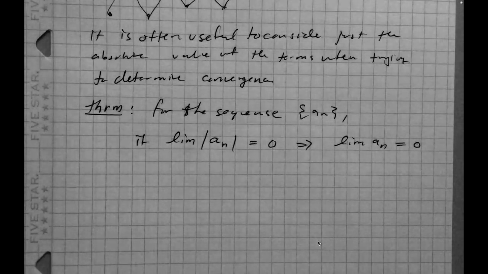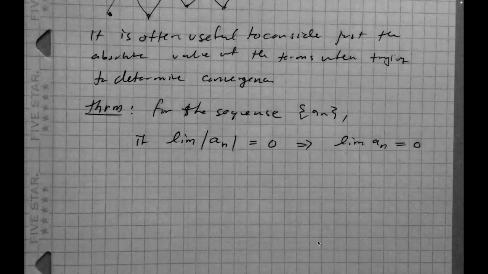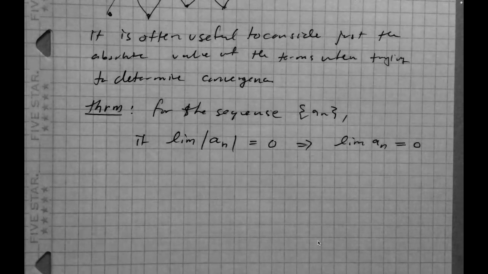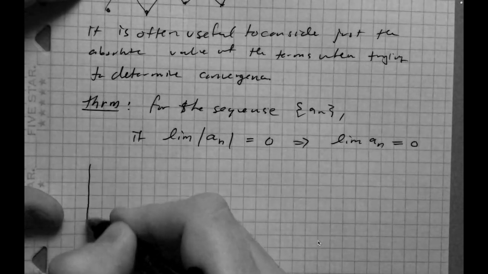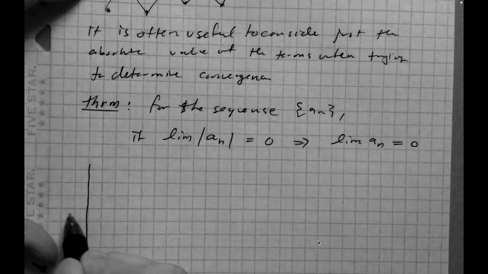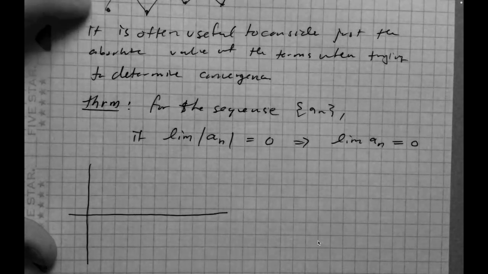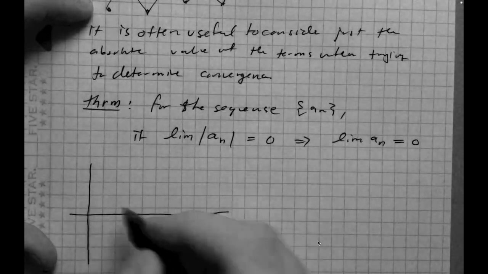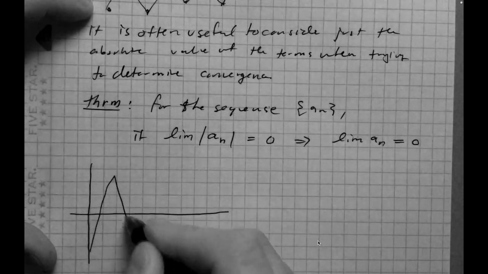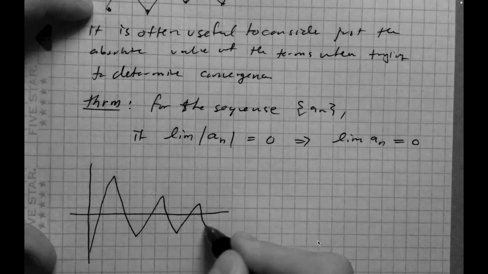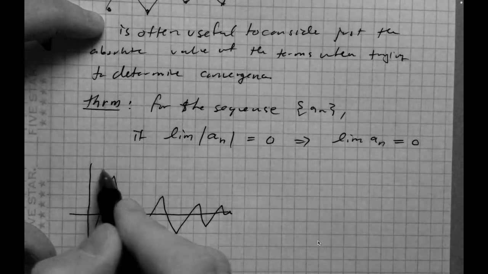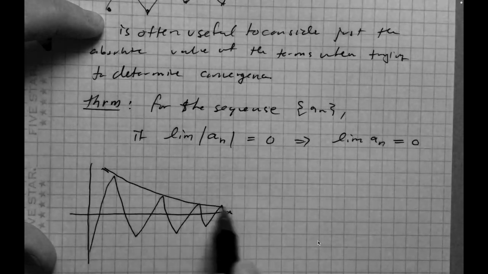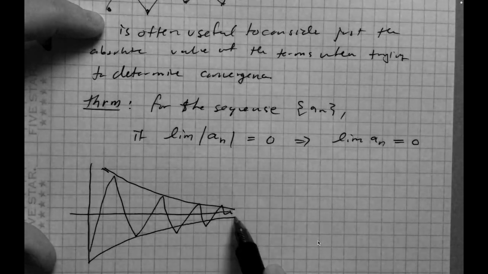In some ways this is kind of obvious. At first it may not seem obvious, but if you think about it, let's say my sequence goes like this. These are all positive up here, and these are all negative down here.